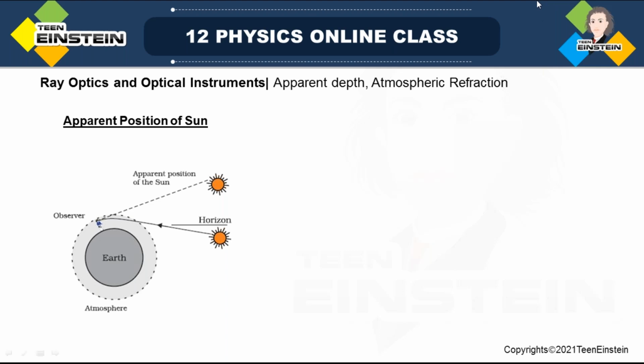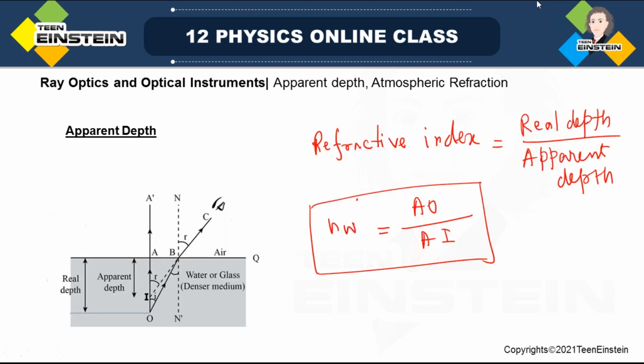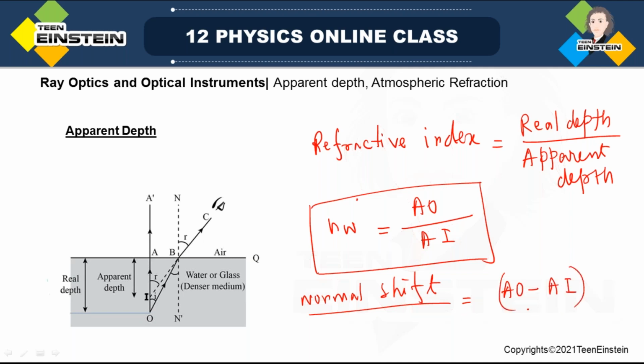Okay, one more point here I just missed, I'll just mention over here. Sometimes there will be a question, what is the normal shift? Normal shift means your real depth minus apparent depth.